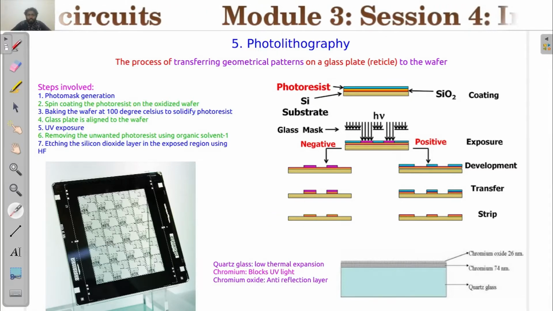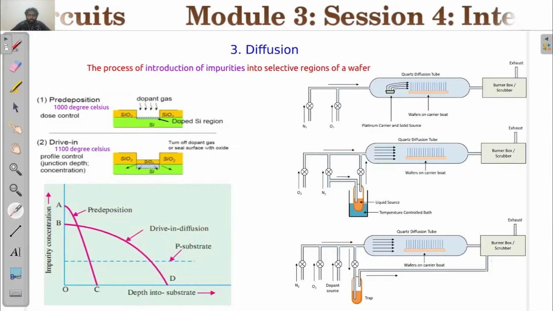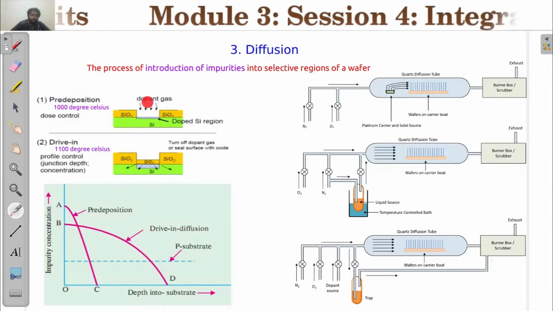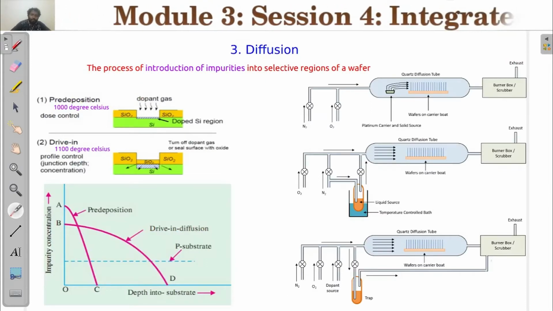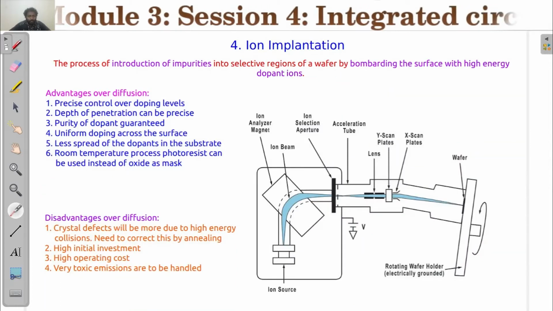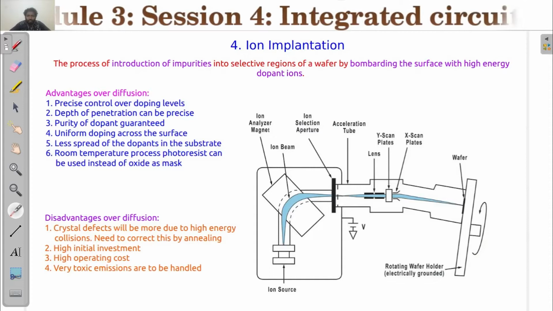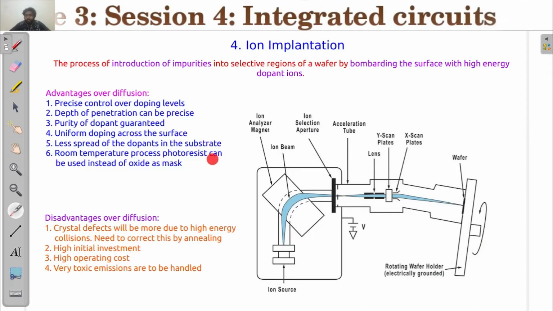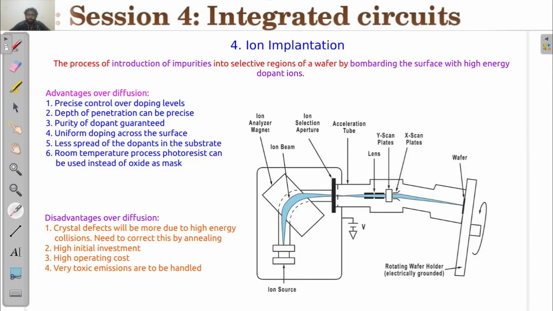So this aids in all other procedures. You can see here there is a need for diffusion. Whenever there is a need for diffusion, you require a silicon dioxide mask. Here also ion implantation, even though you don't require an oxide mask, you still require a photoresist mask. So that is also needed here.